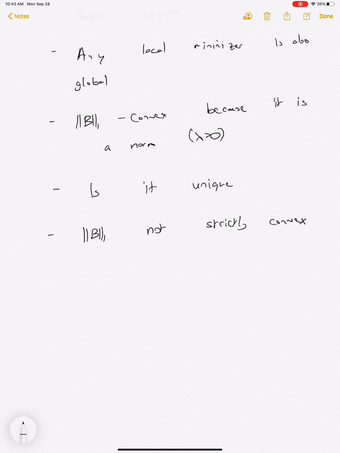You can actually find multiple ways to solve this. So this is not in any way strictly convex.